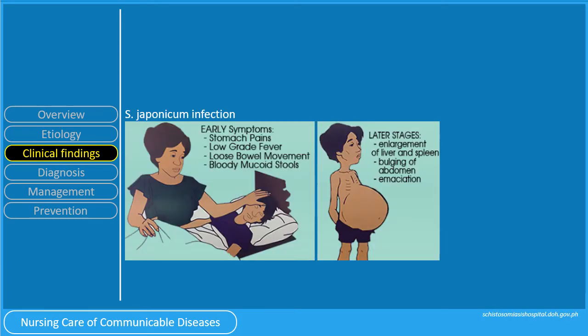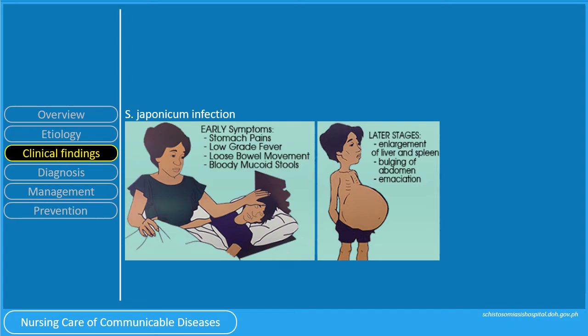Since S. japonicum is endemic in the Philippines, we will be focusing on S. japonicum infection. This IEC material from the Schistosomiasis Hospital illustrates the symptoms of S. japonicum infection. S. japonicum infection will cause gastrointestinal symptoms such as stomach pains, loose bowel movement, and bloody mucoid stools.